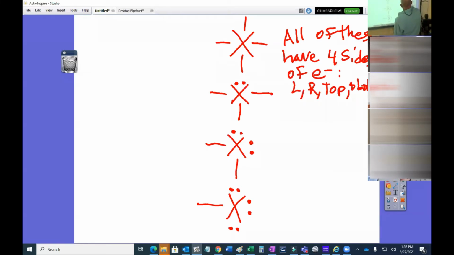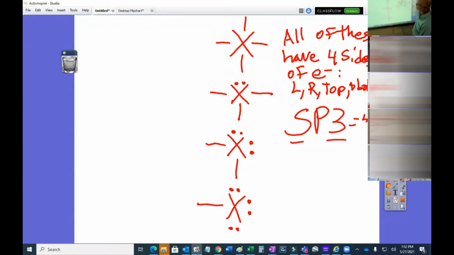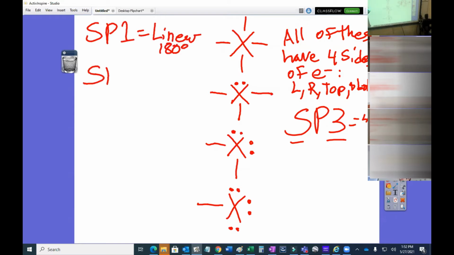So 4 sides means SP3. 3 plus 1 is 4. So that means it's not SP1. It's not linear. It's not SP2, which is trigonal planar, 120 degree separation.